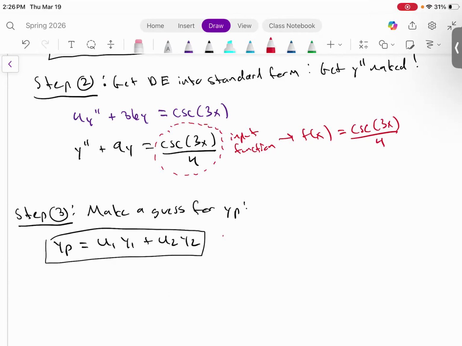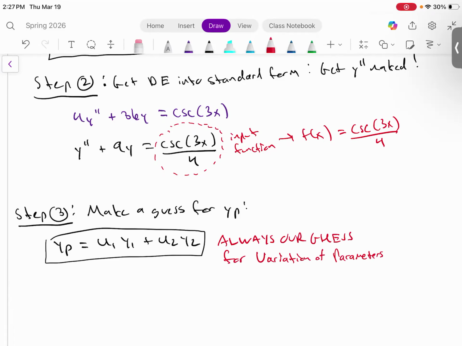And this is always our guess for variation of parameters. Okay, that's always our guess.